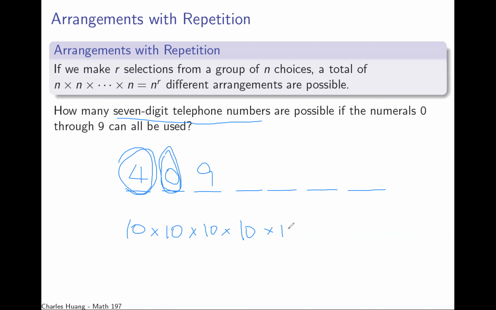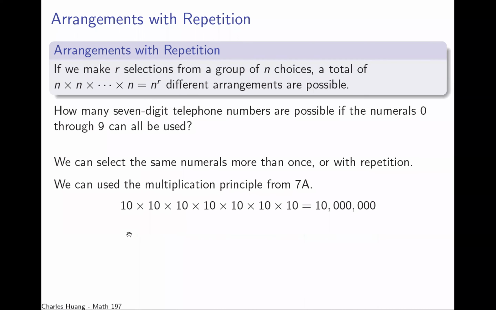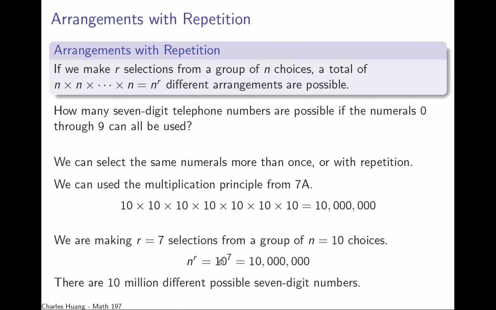So we multiply them together, and we end up with 10 to the power of 7. We multiplied 10 seven times, and that's why we often use the exponential notation. So in this case, it's 10 to the power 7, or 10 million different numbers.